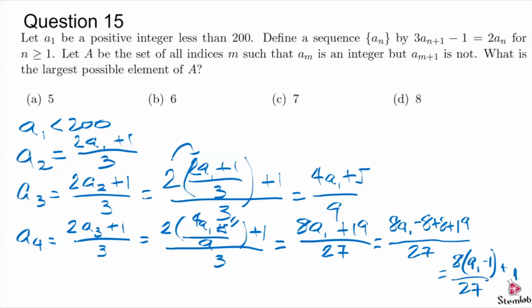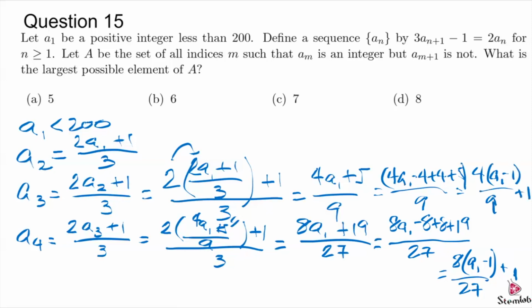So we go backwards and ask, can I do that with the rest? It turns out we can. This is 4a sub 1 minus 4 plus 4 plus 5 all over 9, which turns out to be 4 times a sub 1 minus 1 all over 9 plus 1.